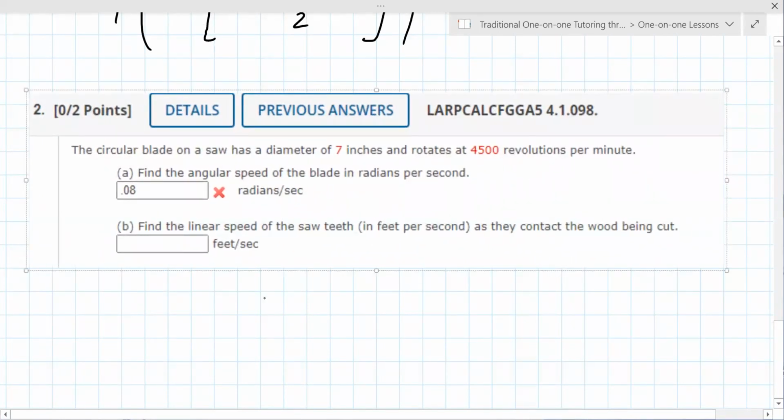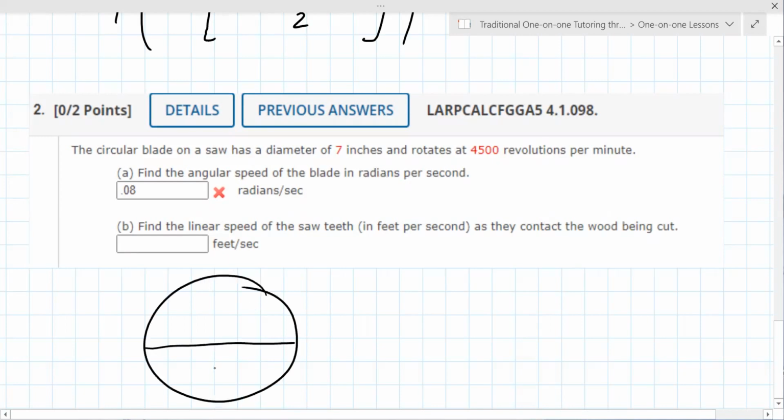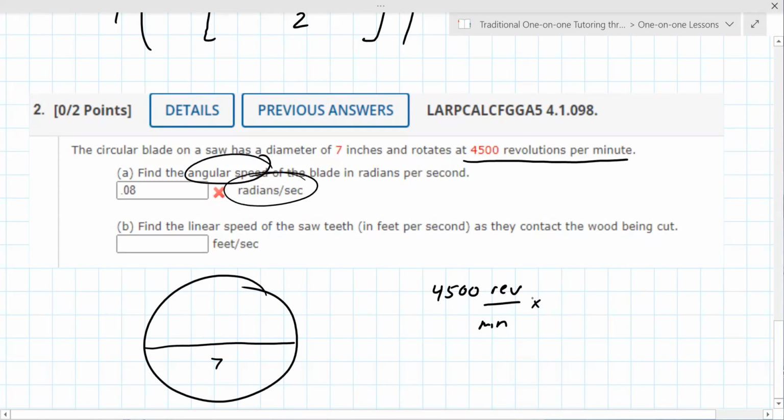All right, so the circular blade on a saw has a diameter of 7 inches and rotates at 4,500 revolutions per minute. So the angular speed is radians per second, and all this really is a units conversion problem. In 1 minute there are 60 seconds, so that takes care of that.